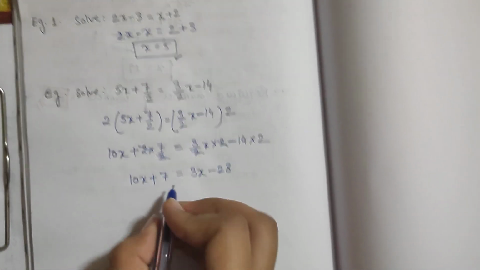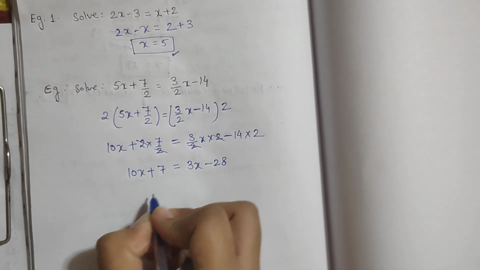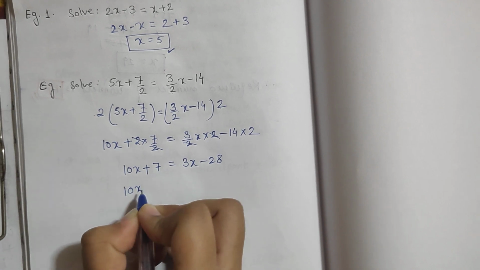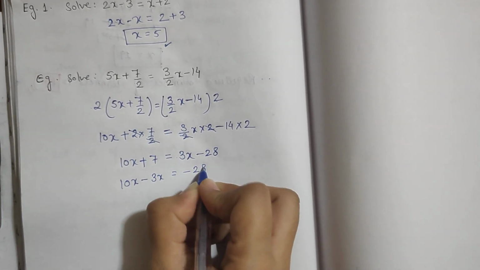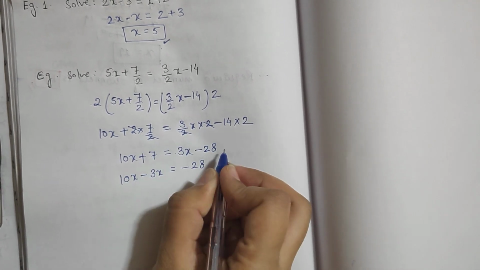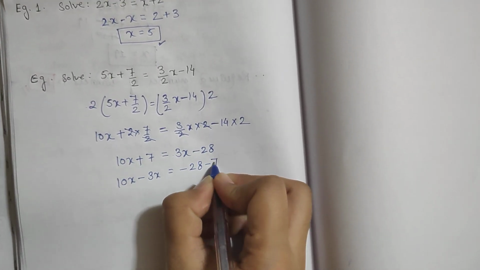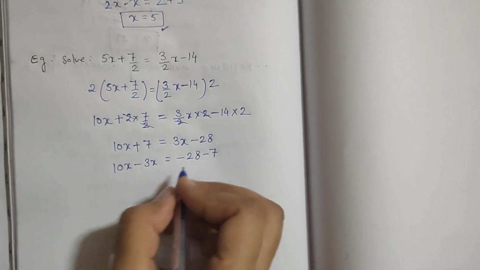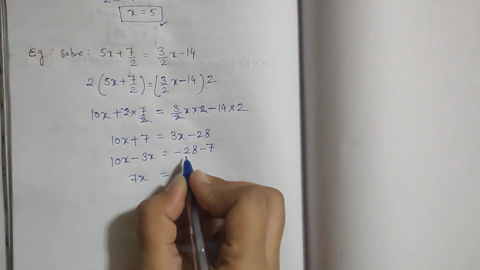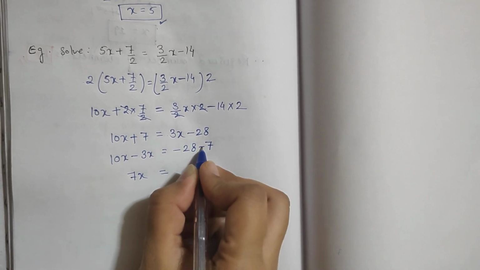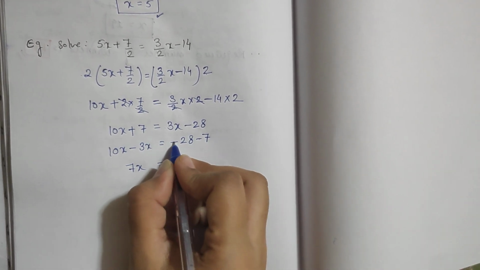Now you can solve this. Take the like terms on one side, so we can say here 10x minus 3x is equal to minus 28 as it is. This plus 7 will go to that side to become minus 7. So 10x minus 3x, that is 7x, is equal to minus 28 minus 7. Now here the sign is the same, so we have to add the numbers and give the common sign.